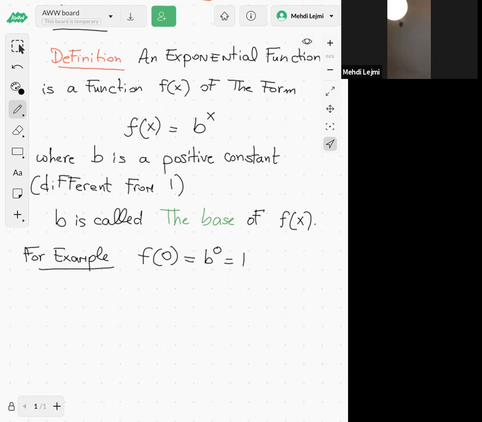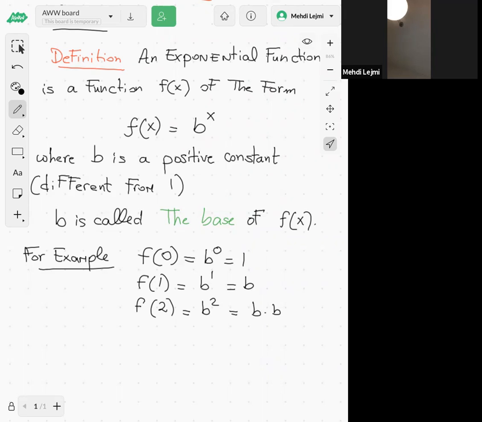If you do f of 1, that would be just b to the power 1, which is equal to b. And f of 2 will be b squared, which is b times b, etc. Anyway, that's for an exponential.